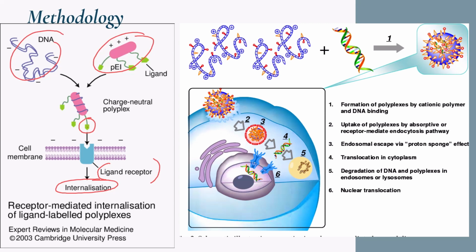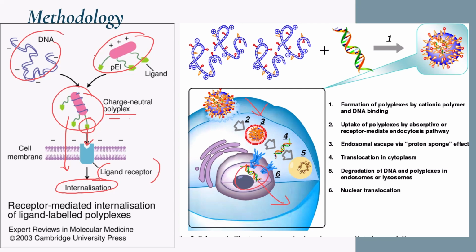This ligand will be complementary to the ligand receptor on the cell membrane, and this complementarity leads to the internalization of the contents. This is called receptor mediated internalization of ligand labeled polyplexes. This complex is termed a polyplex, that is DNA plus the cationic polymer. So this internalization is receptor mediated internalization.